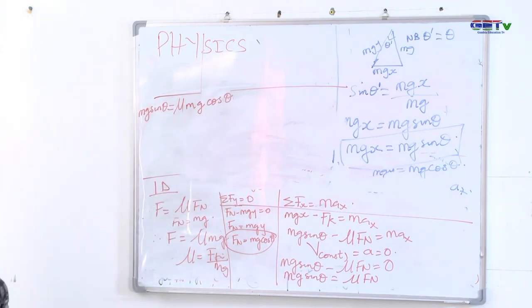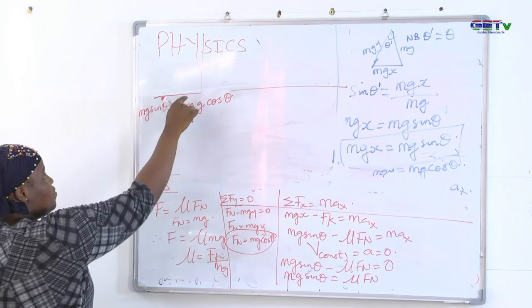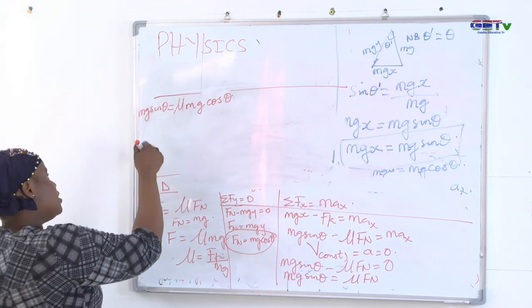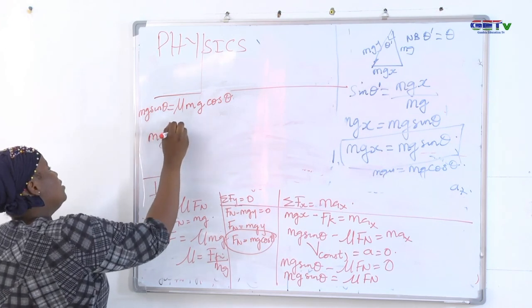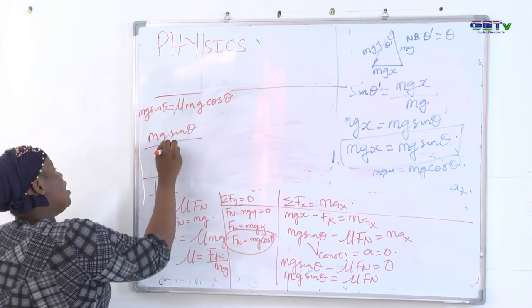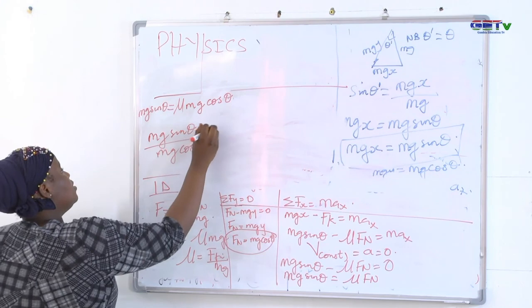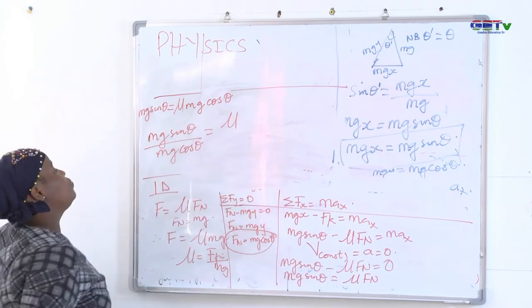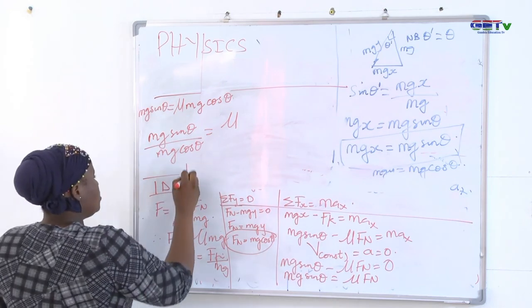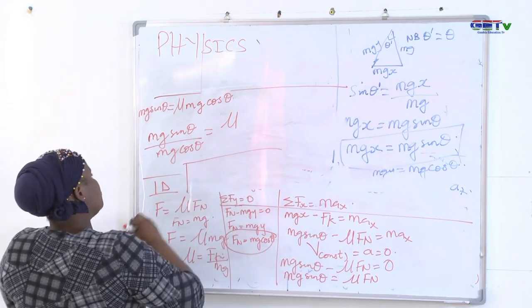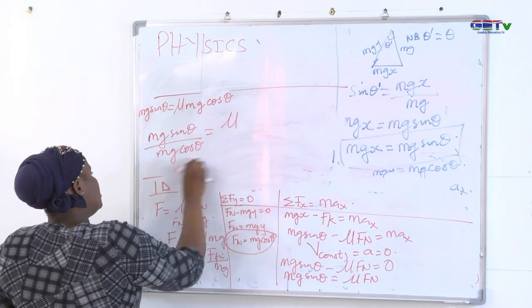Can we make mu the subject? Yes, we do, by dividing everything by mg cosine of theta. And this gives us mg sine theta all over mg cosine of theta is equivalent to mu. And when simplified, it becomes sine theta all over cosine of theta.